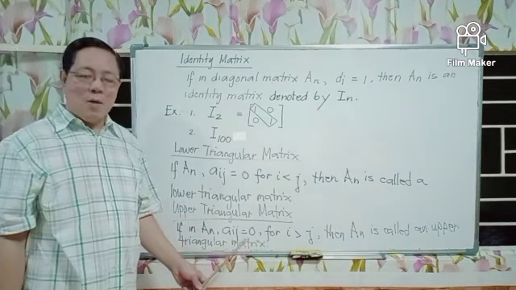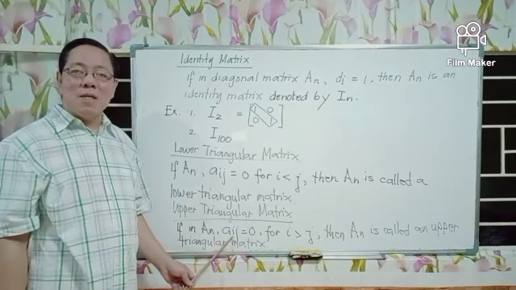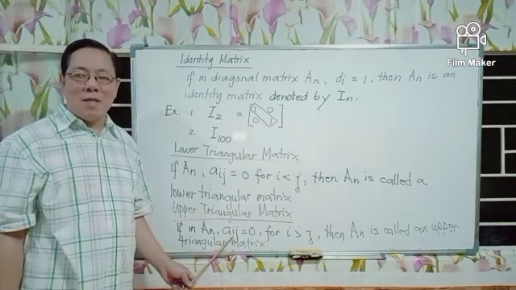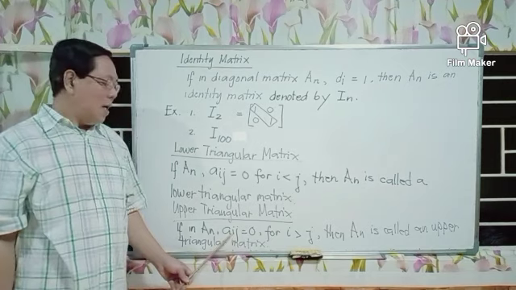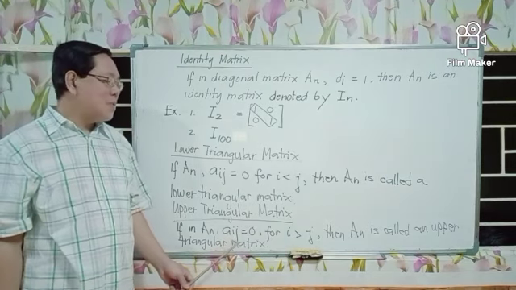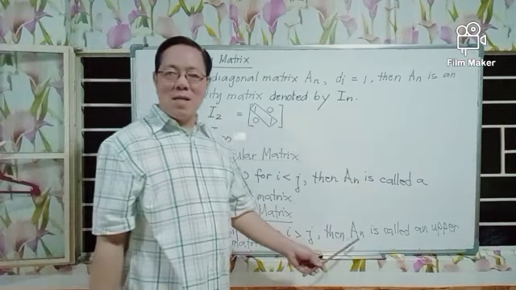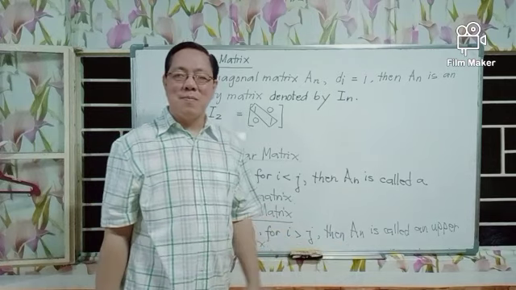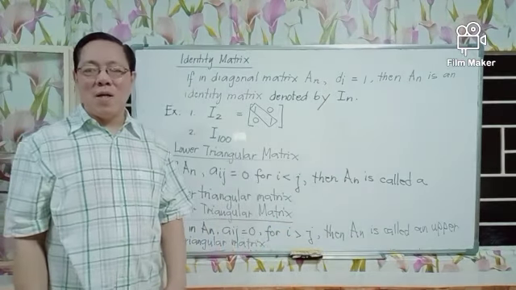And as I said earlier, these are actually the entries below the diagonal entries of the square matrix. And if they are all 0, then the square matrix A sub n is an upper triangular matrix.